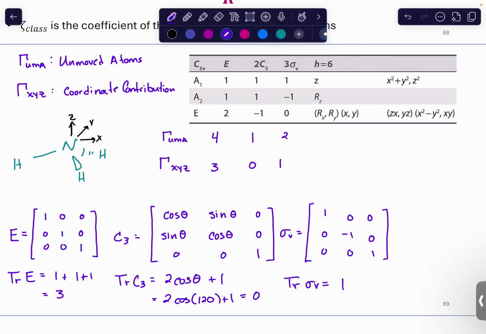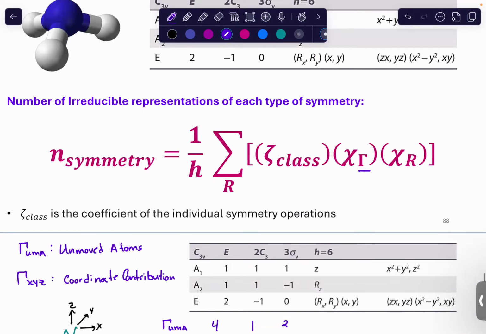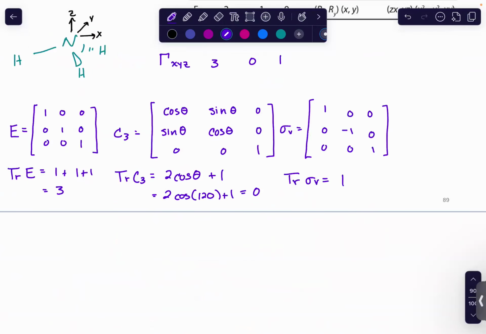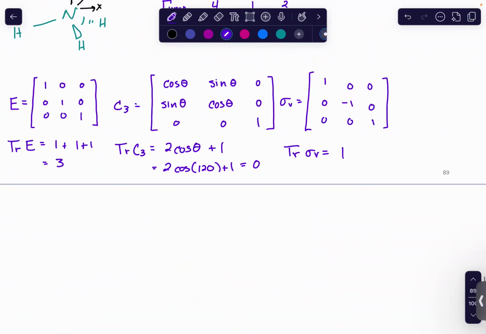All right, now the gamma for the equation up here, that's going to be our gamma 3n. Do you remember what 3n is?